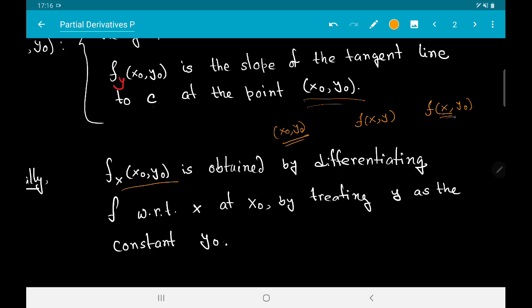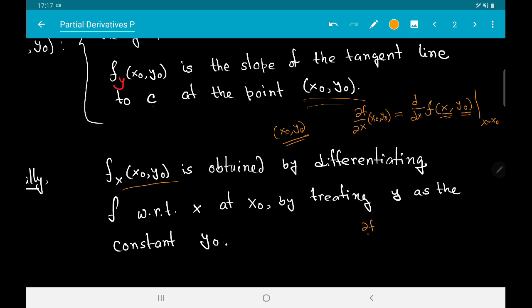Then this becomes a function with the variable x, and we just differentiate this function with respect to x. So what is del f del x at x0, y0? We put y equal to y0, then we get a function in variable x, and we simply differentiate with respect to x, and of course we put x equal to x0 afterwards.